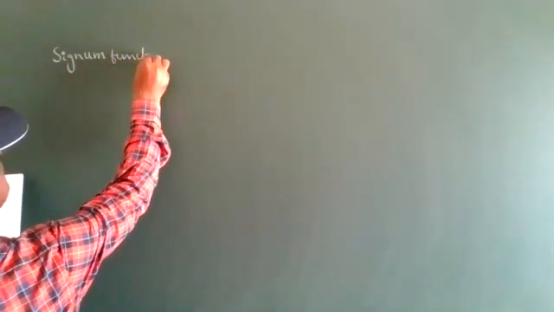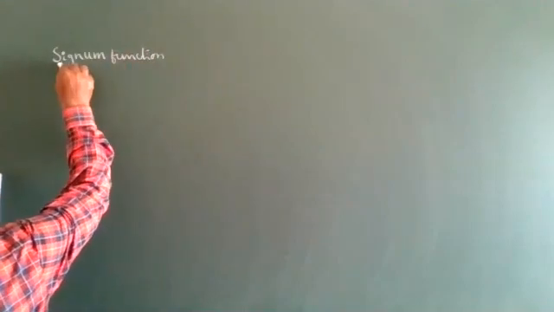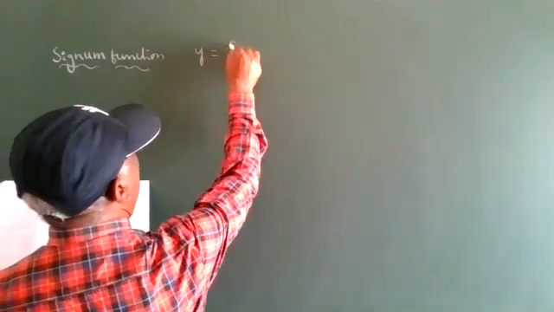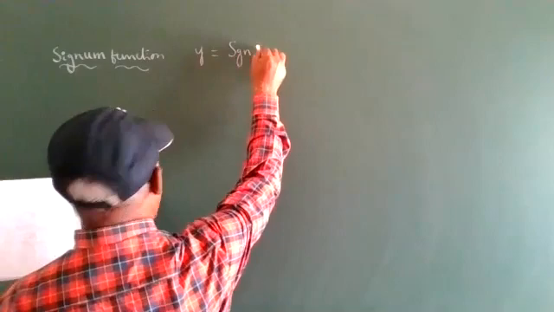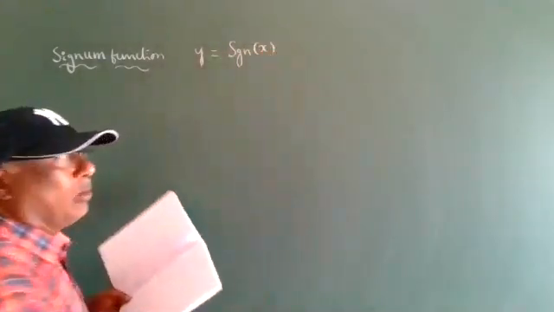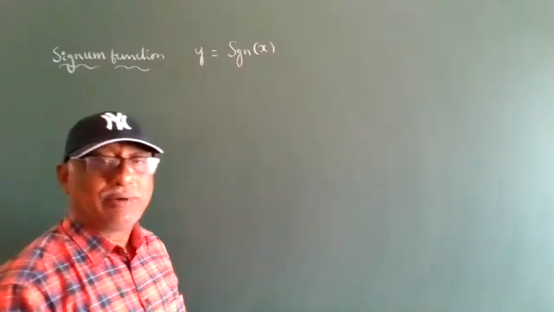Everyone see, this is the signum function. The signum function is represented by y is equal to sgn of x. What is the definition of the signum function?